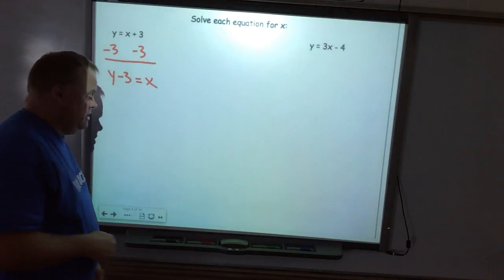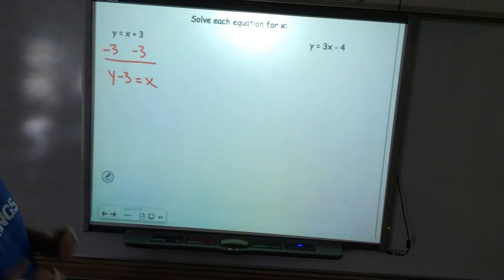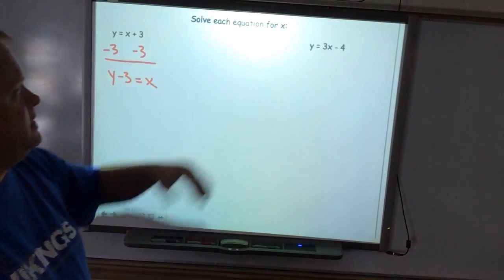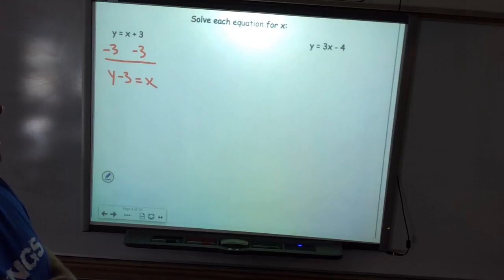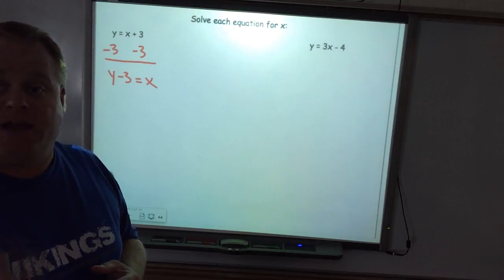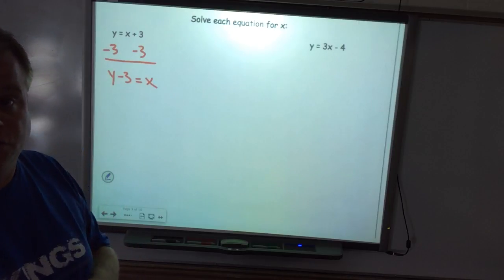The next one, y equals 3x minus 4. The x is attached to the 4 by subtraction, but it's also attached to a 3, and that 3 is attached by multiplication. I need to get rid of the subtraction first before I deal with the multiplication.